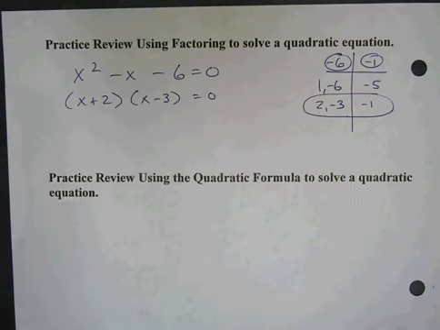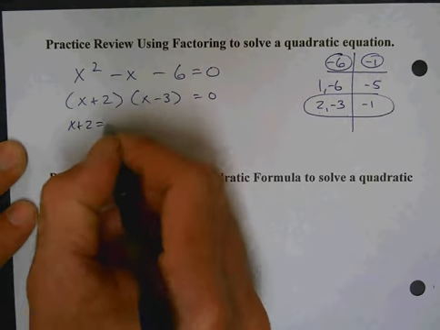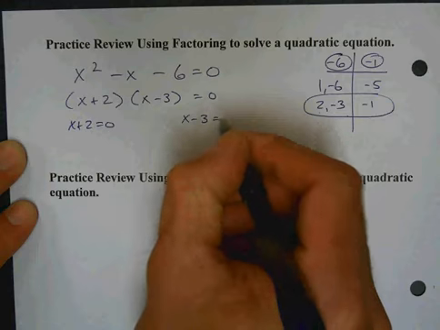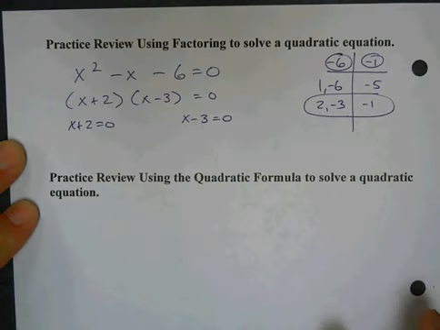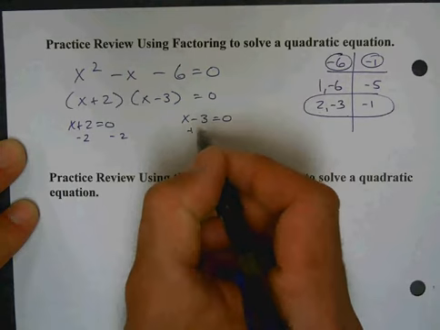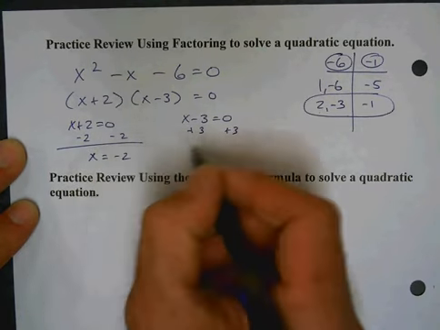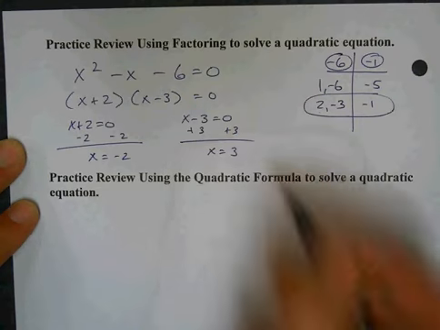So now we use that zero product property back from section 5, and we say, oh, x plus 2 equals 0, x minus 3 equals 0. We subtract 2, add 3. I'll pause here.